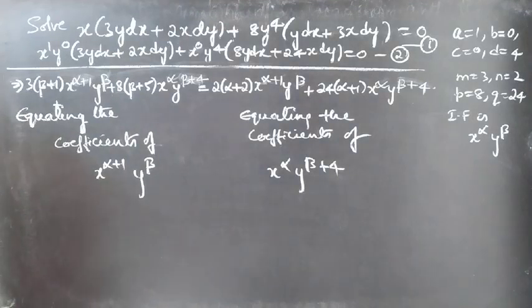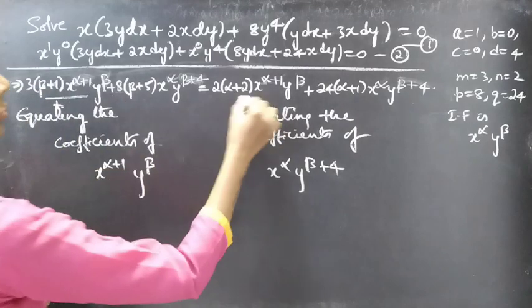So firstly we are going to equate the coefficients of x^(α+1) y^β.